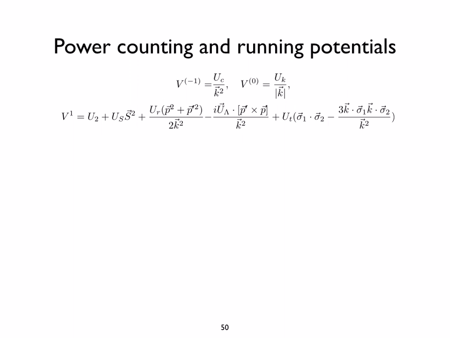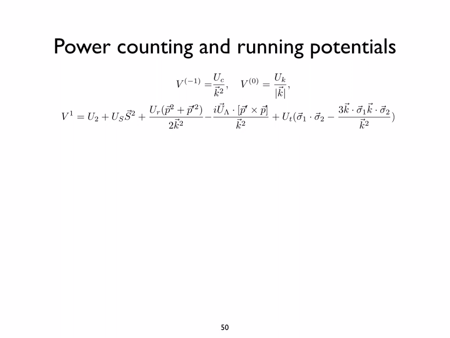We will denote the potentials in powers of v, and the odd power terms here come from tree-level matching, but even terms are obtained only at one loop.